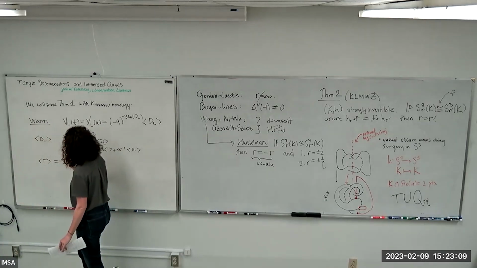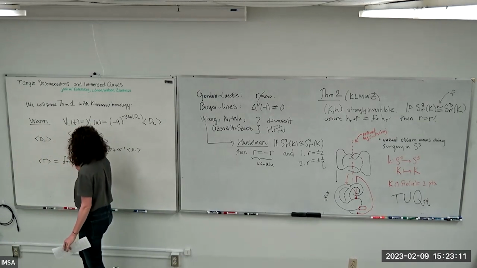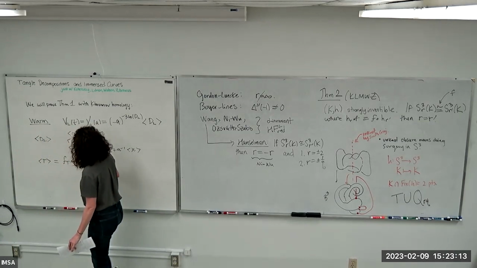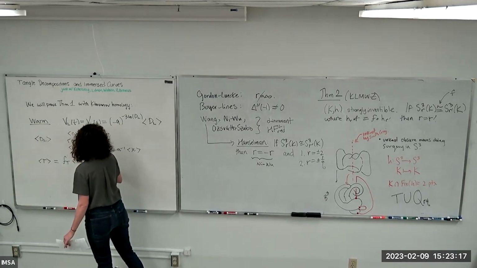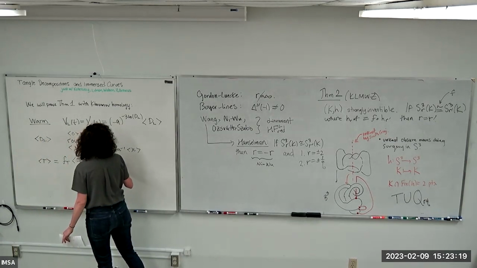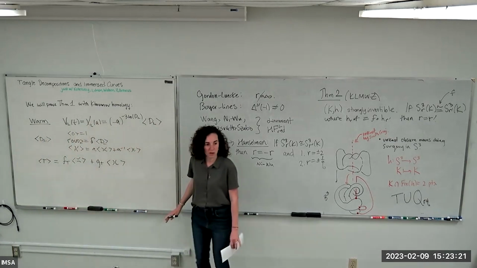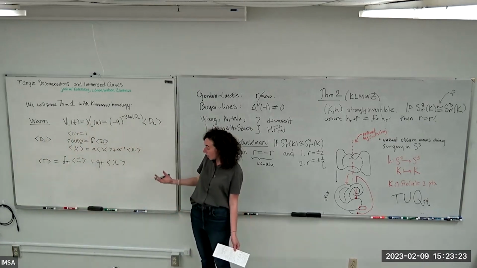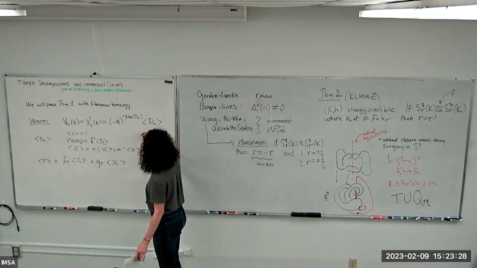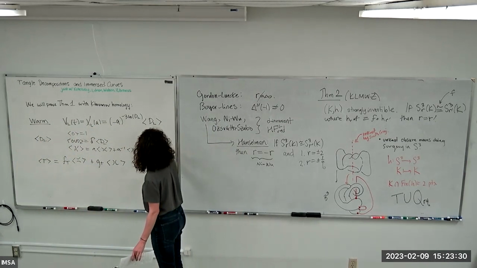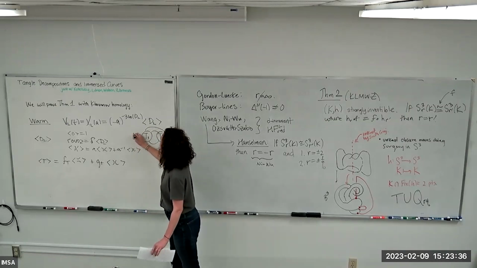So f of T is a Laurent polynomial in A as the coefficient of a vector whose basis is these two crossingless tangles.